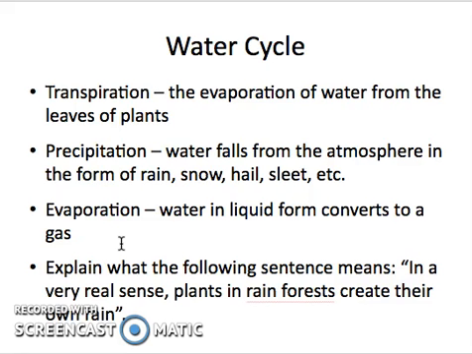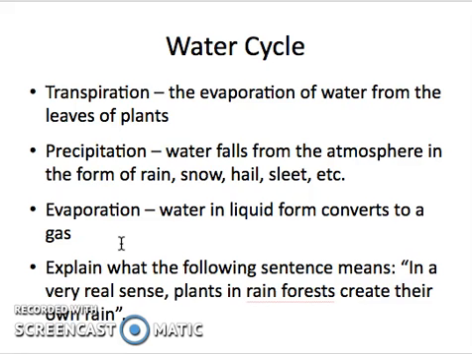So in order for the rain to come from the atmosphere, there has to be water in the atmosphere. How does water get to the atmosphere? Two processes: you either have evaporation or you have transpiration. If they're saying in this sense that plants are creating their own rain, then which of those two processes do you think they're talking about?